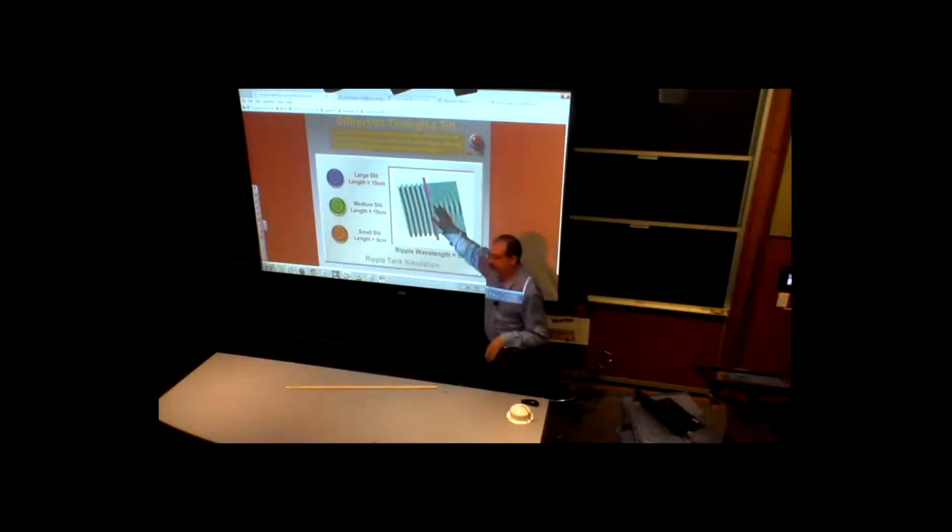You can put some obstacle with the hole, and when waves travel through, they practically don't bend at all, keep traveling in the same direction. And there is practically no wave behind this. That's what we call shadow.